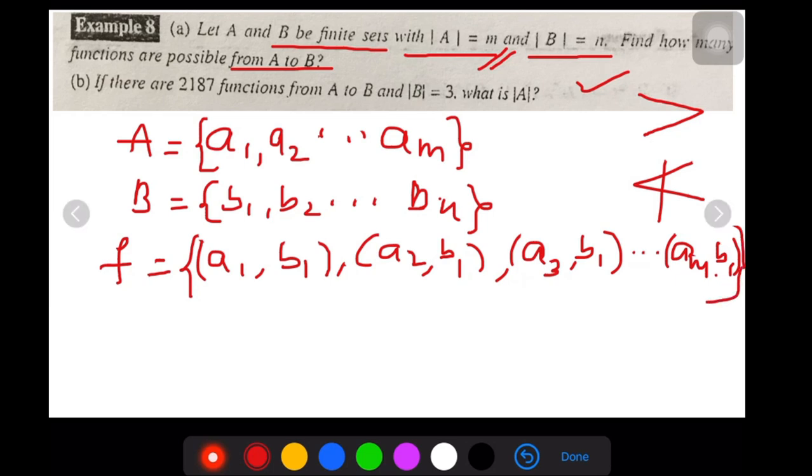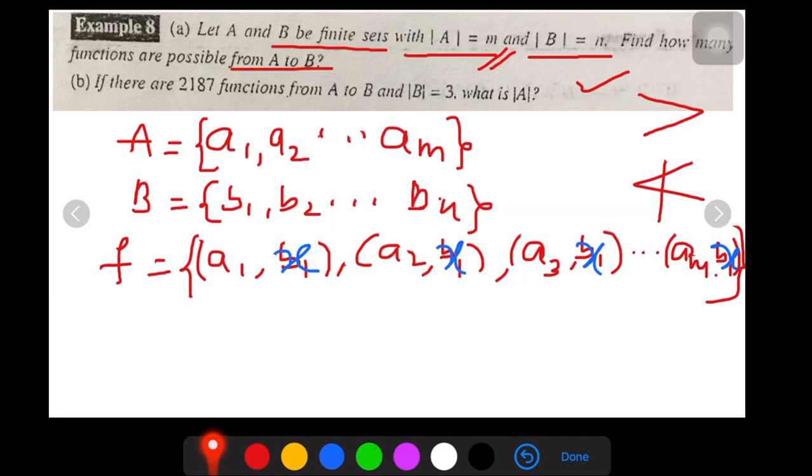Similarly, it is applicable to all the n elements. So instead of writing B1, B2, B3, I will call this a fixed element X. That means all these elements can be paired with any one of these. That is one function.